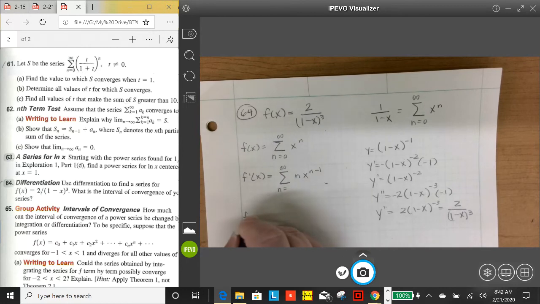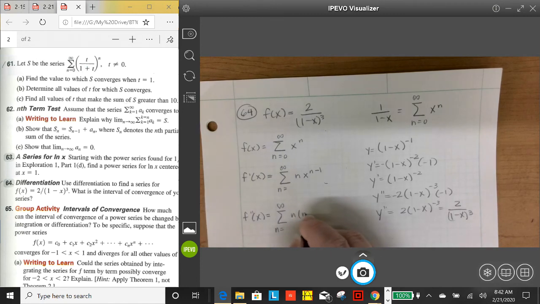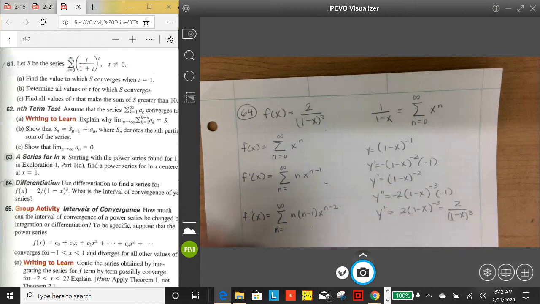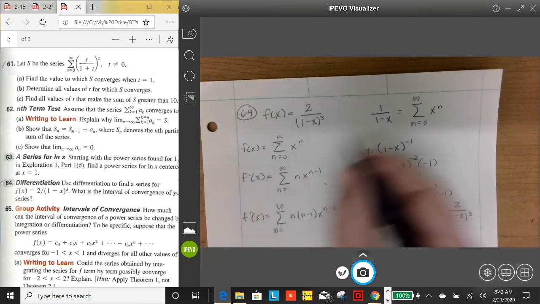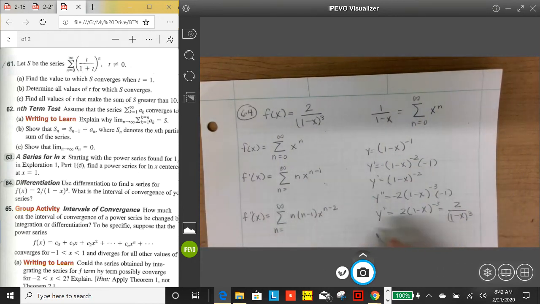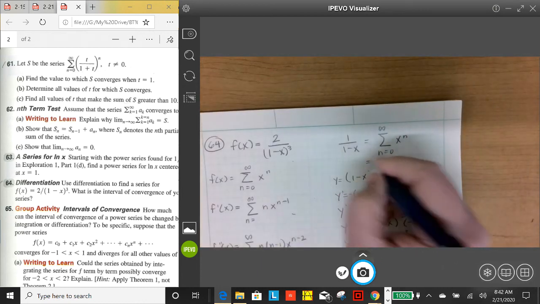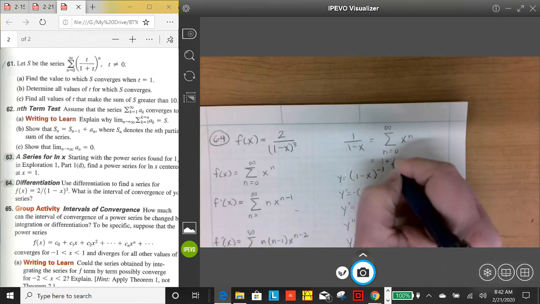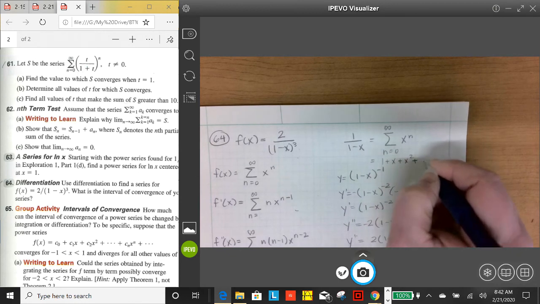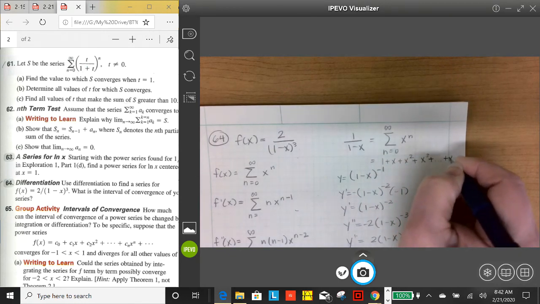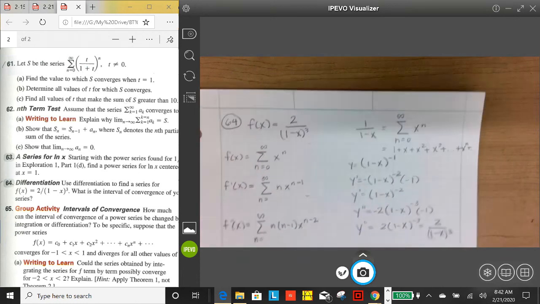What is the second derivative here? Well, you just take the derivative again. And that's going to be n times n minus 1 times x to the n minus 2. Okay? And if I were to expand x to the n, this right here, it's going to equal 1 plus x plus x squared plus x cubed plus dot, dot, dot, plus x to the n plus dot, dot, dot, right?